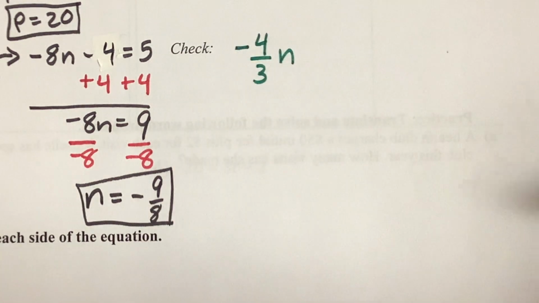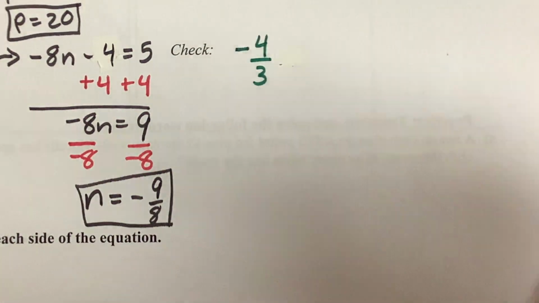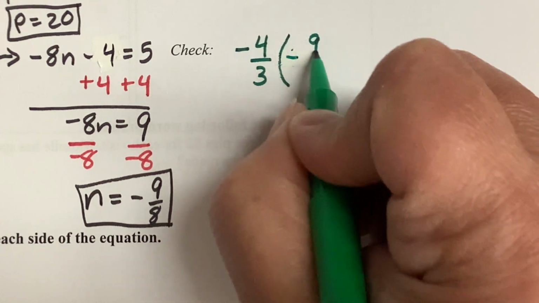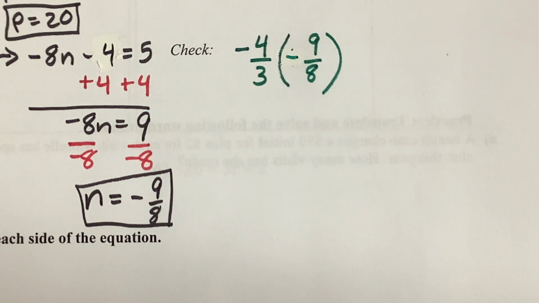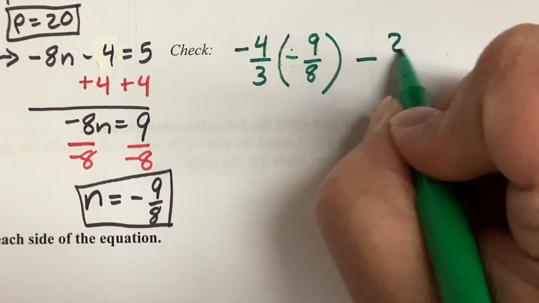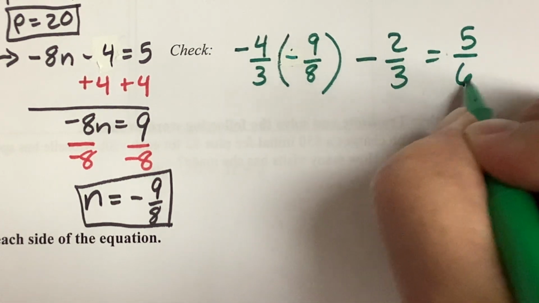But instead of n, I am going to put parentheses negative 9 over 8. Remember, parentheses mean multiply. That's why they're very important at this point, because it gets very confusing without them. So I'm multiplying, and I'm going to subtract 2/3, and I'm going to get 5/6.